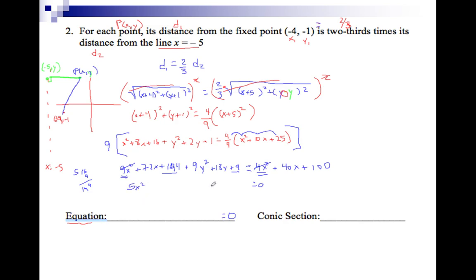Then my y squareds: I don't have any over here, so I'm just going to have plus 9y squared. Then I'm going to get my x's together. I'm going to subtract this 40x from both sides. Then I have a linear y, but only on one side, right? 18y.